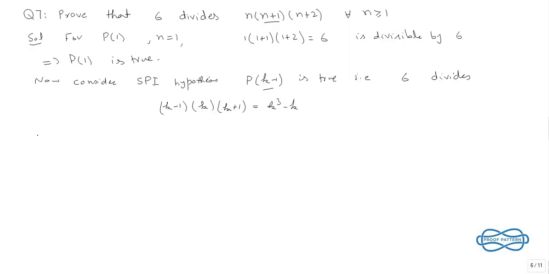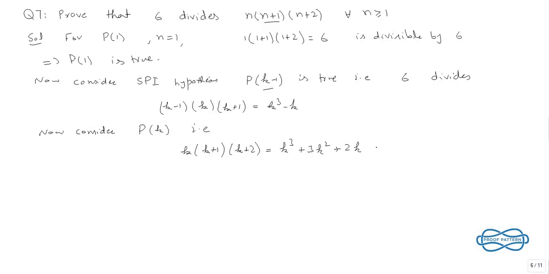Now consider Pk, that is k into k plus 1 into k plus 2, which can be written as k cube plus 3k squared plus 2k.